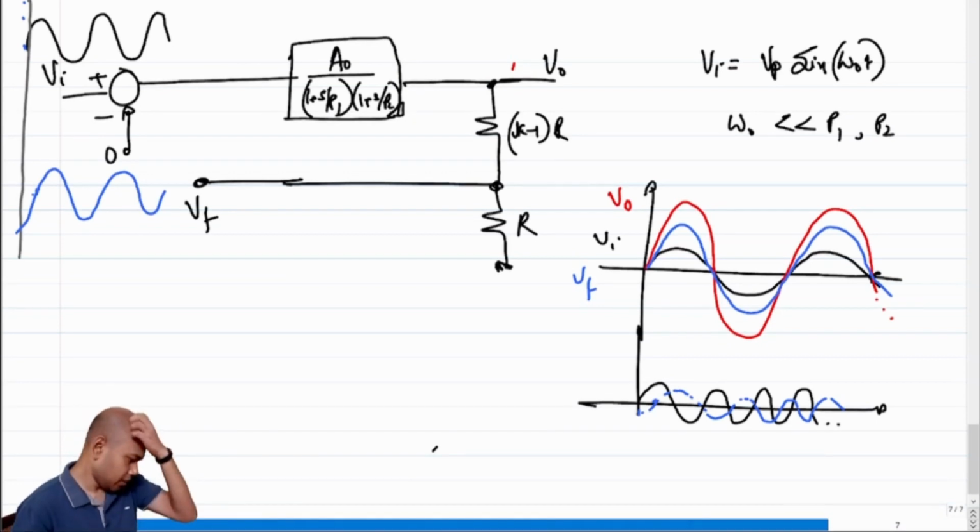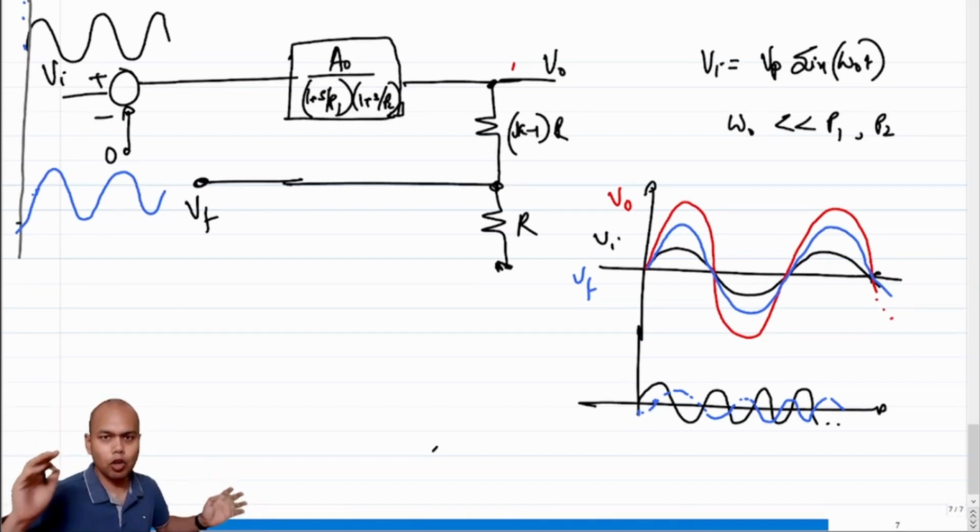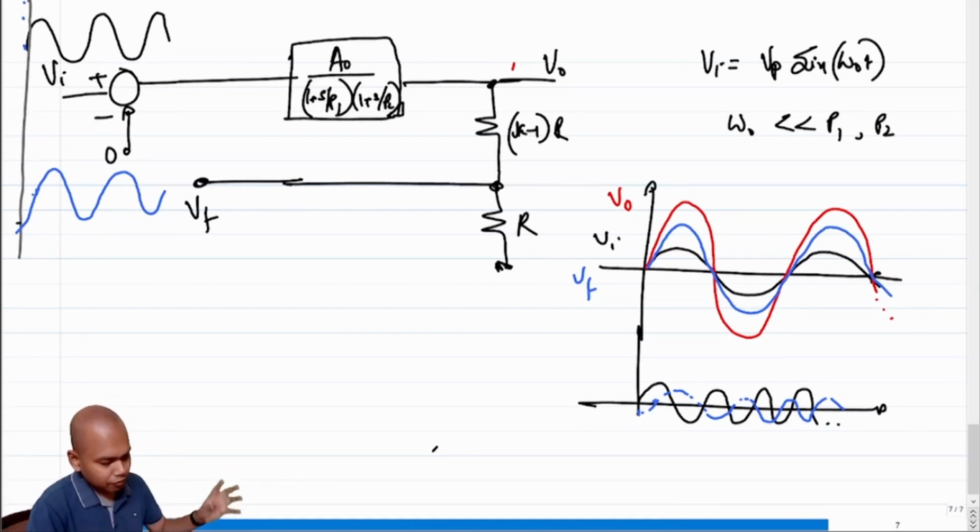Okay, fine. So how much can it get delayed by? It can at max get delayed by 180 degrees, right? But at the frequency at which it gets delayed by 180 degrees, we have crossed both the poles, we have left them far behind, which means the amplitude will also be quite small.